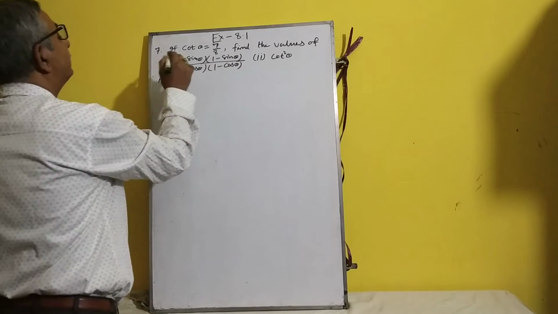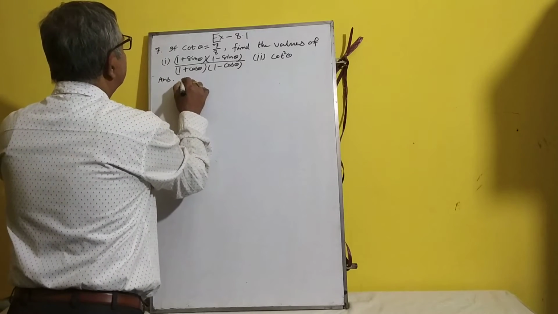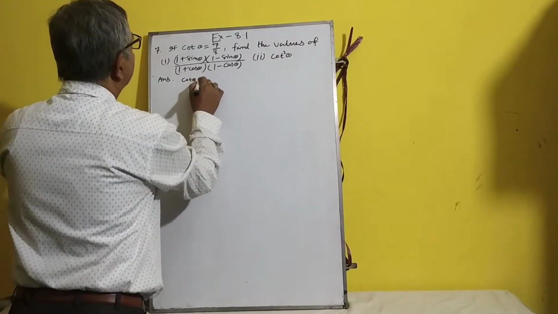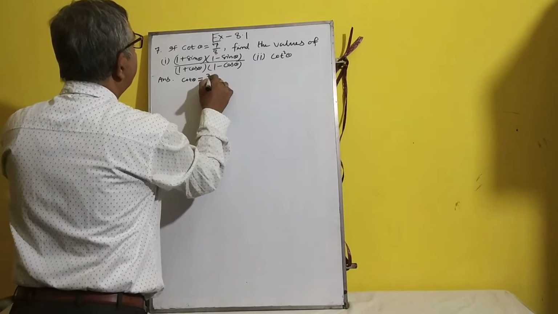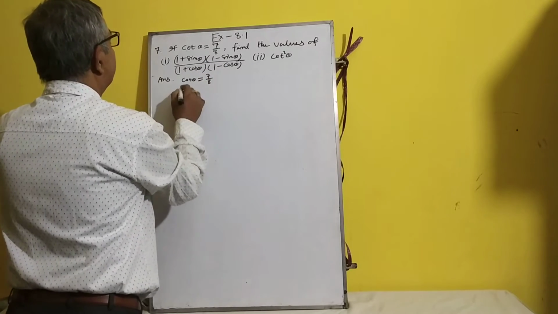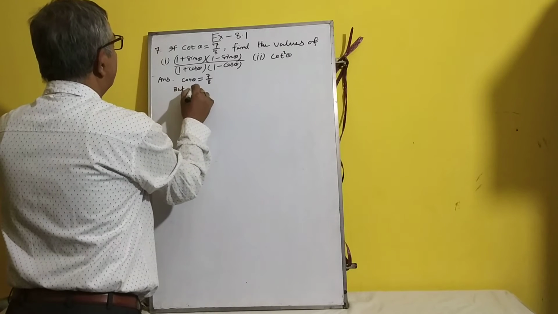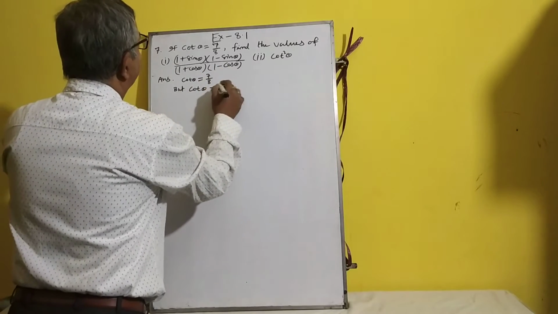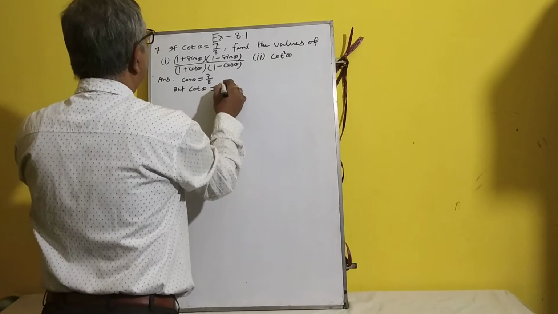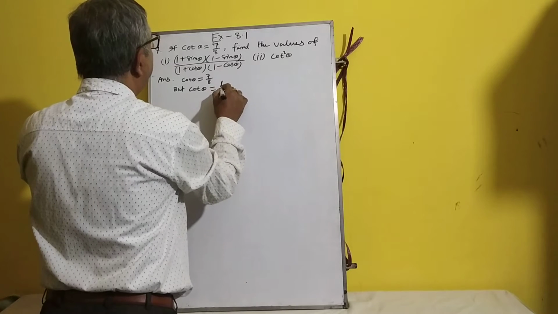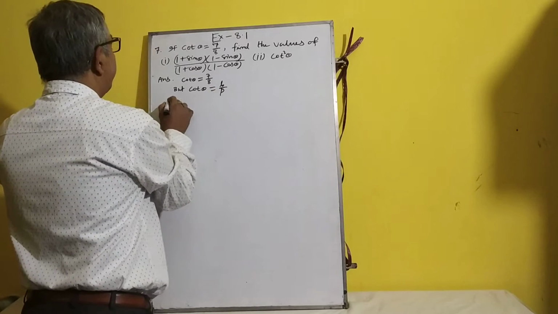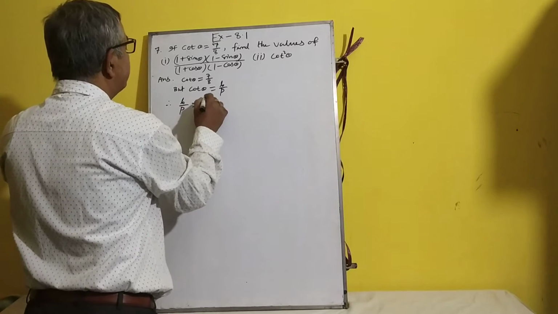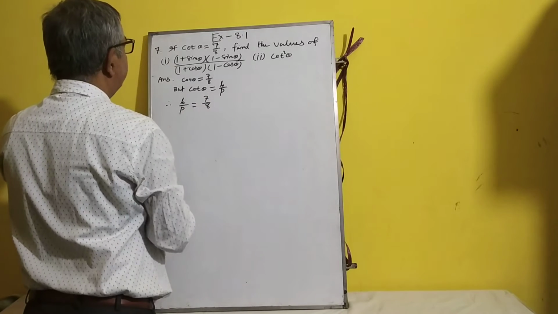Here first of all, cot theta is equal to 7 by 8 is given. You know that cot theta is equal to B by P. Therefore, B by P is equal to 7 by 8.